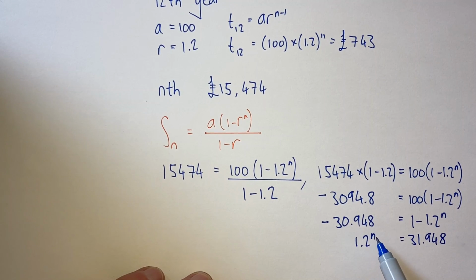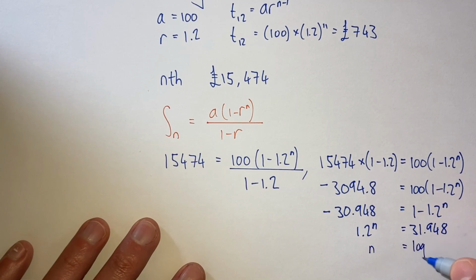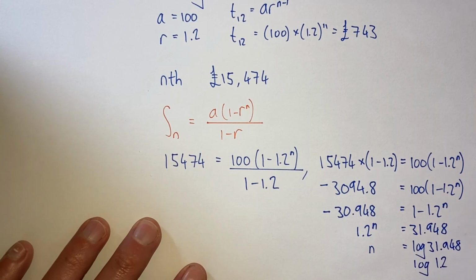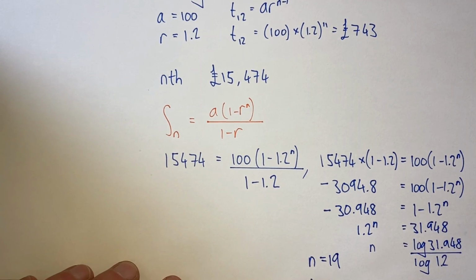Here we can bring the power down by using logs, and that would give us the value for n. So here we can see that the businessman had been donating for 19 years.